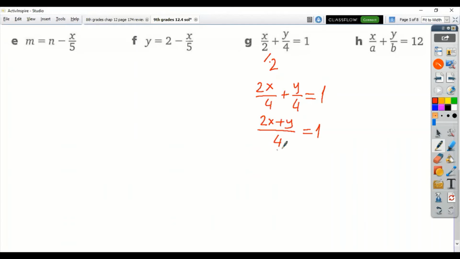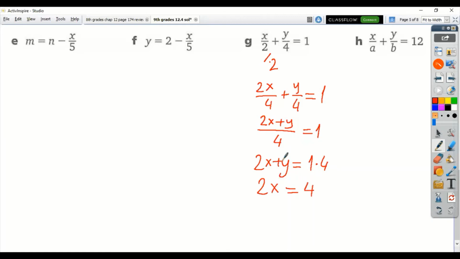And you also remember, I think, we should start from the final operation, dividing by 4. Dividing by 4 on the left means multiplying on the right. So 2x plus y will be equal to 1 times 4. 4 on the other side will be multiplied by 1. So 2x equals 4 times 1, 4.